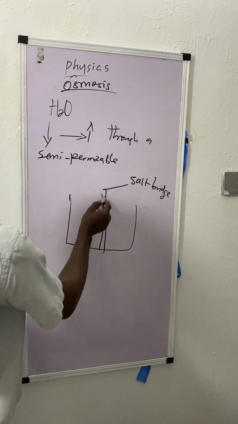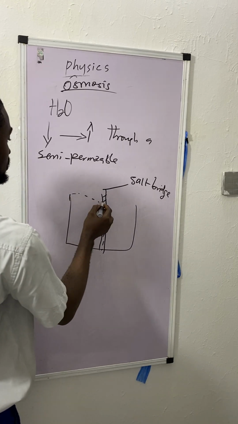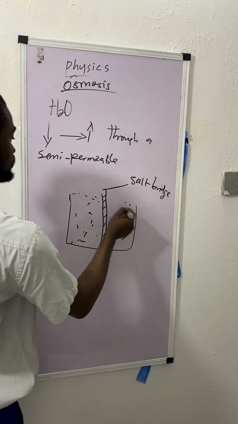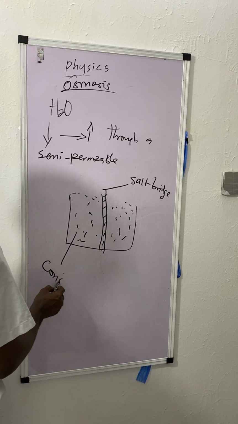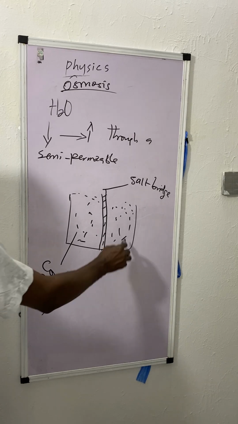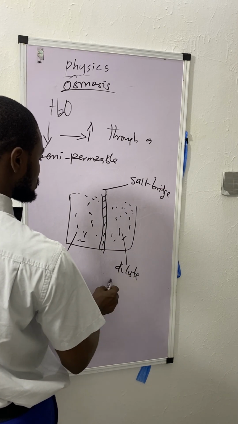Here we have a solution of salt, a concentrated solution of salt, and here a dilute solution of salt.